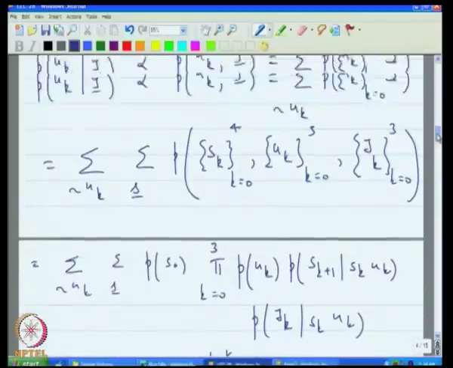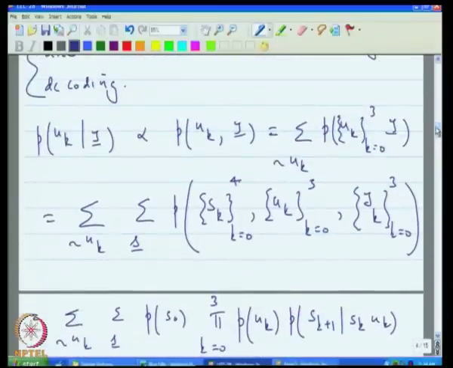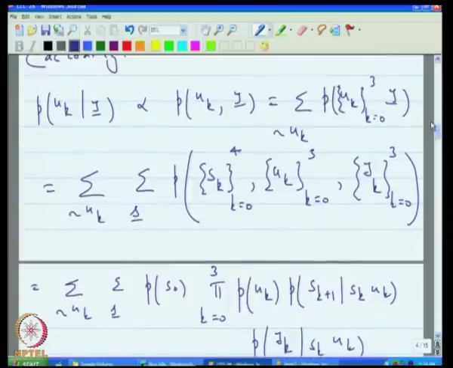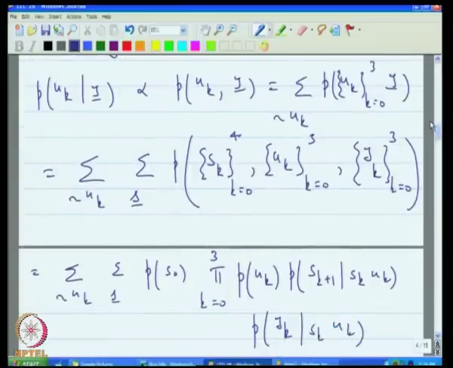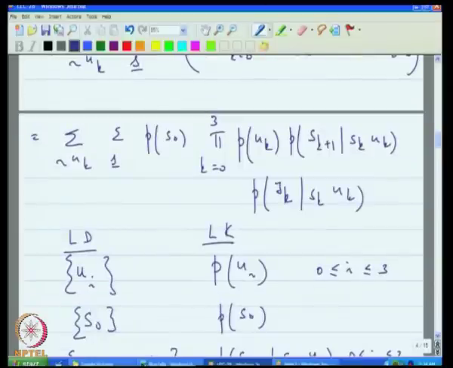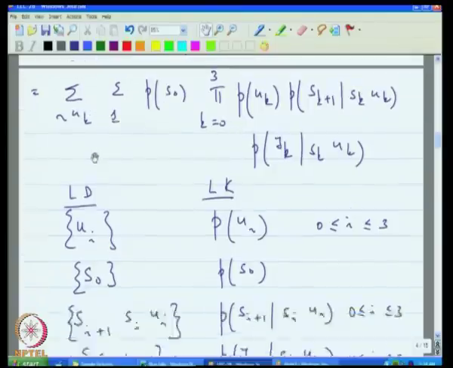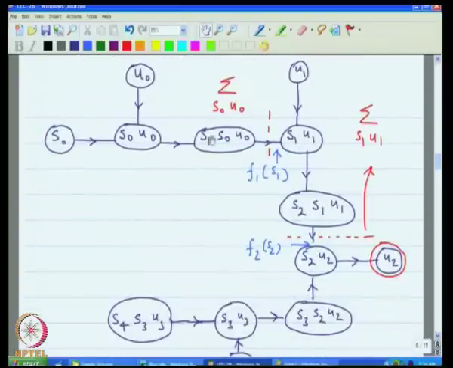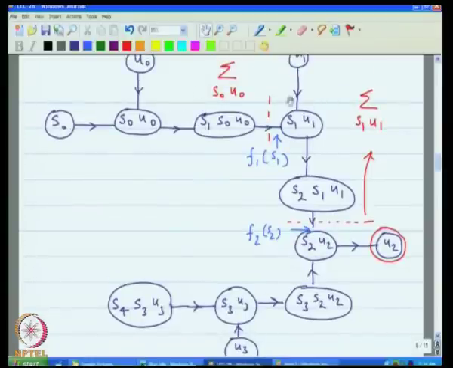It turns out that you can actually formulate the problem in a very similar fashion, the only difference being that whereas here you are operating in the sum product semi-ring, you would be operating there in the max product semi-ring. So, wherever you have a summation, you would actually have a max. And apart from that, all the operations are very similar, and you could again have a forward and a backward message passing.